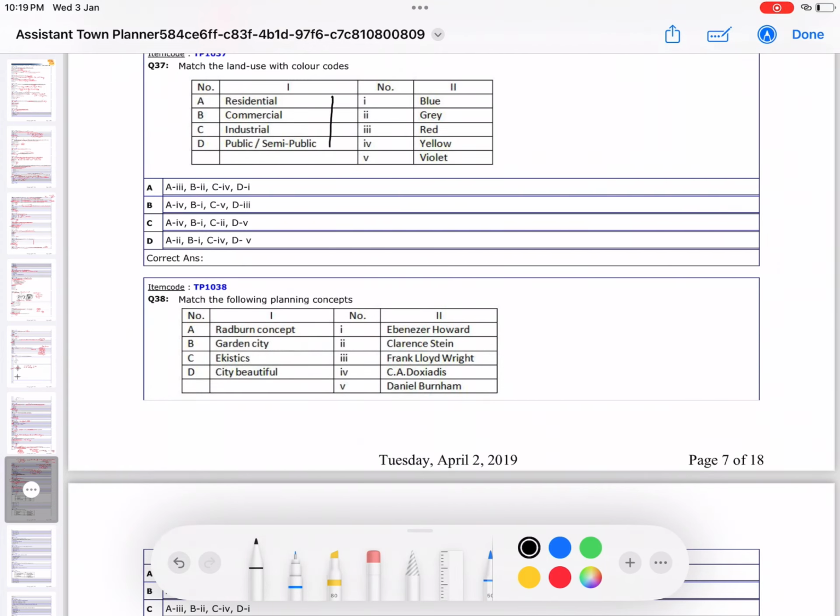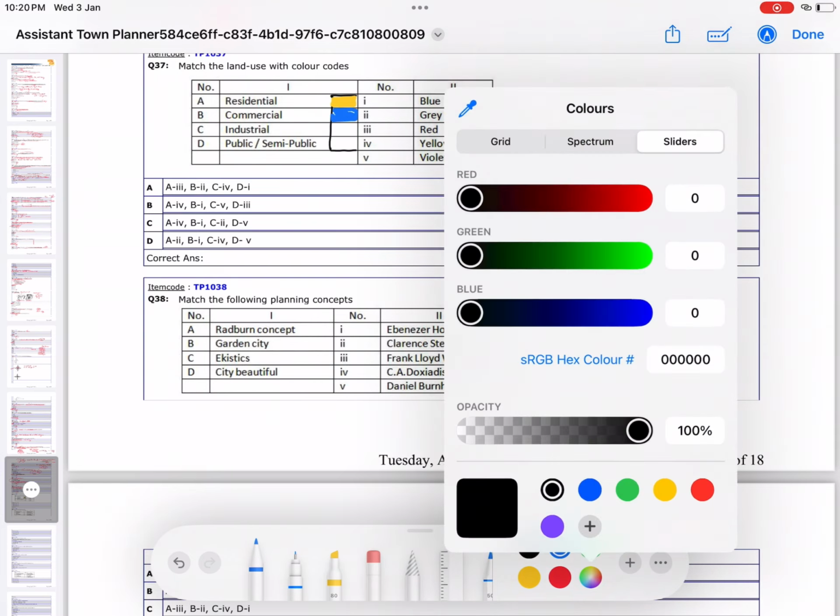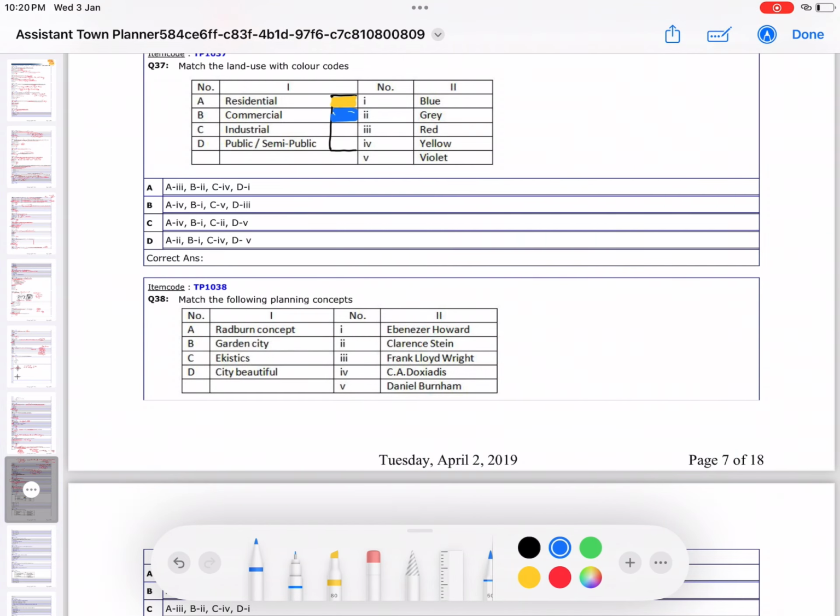First, I will draw a line here. For residential, we use yellow color. For commercial, we use blue color. For industrial, we use violet color. For public and semi-public, we use red color.